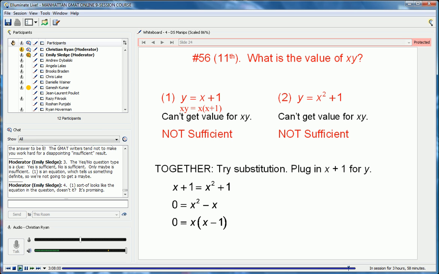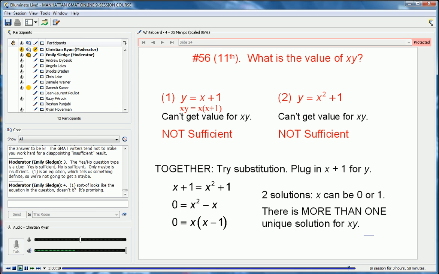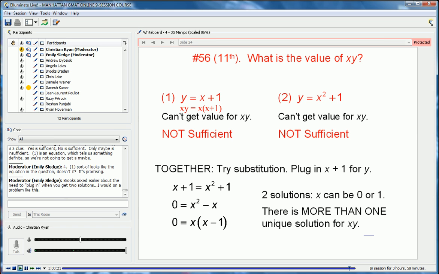And by setting them equal to each other, I notice I get a quadratic, which once I factor it, I have two solutions, x equals 1 or x equals 0, which means that y is 1 or y is 2 when I sub it back in, and there's more than one unique solution for xy. And I would actually definitely check back.